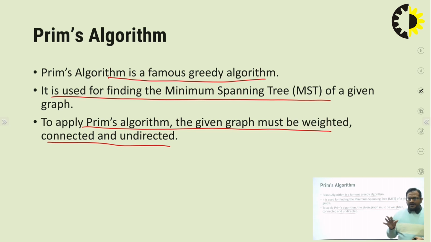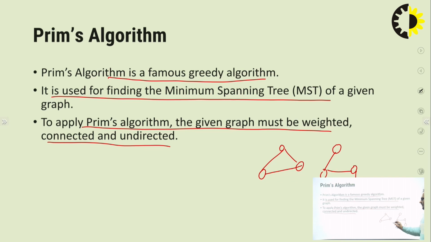For example, suppose there is a graph like this: these are the nodes and these are the edges, and there is a second graph. But you can see these two graphs are not connected to each other, so you cannot create a minimum spanning tree for them, right? If I connect these nodes this way, now you are able to create the MST for this particular graph.